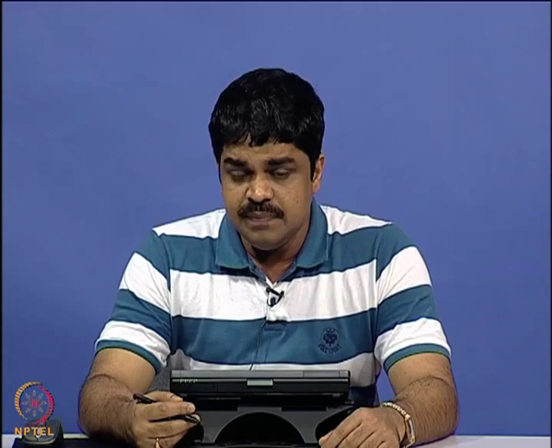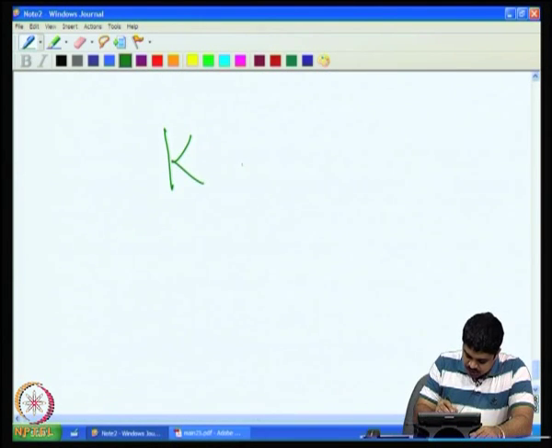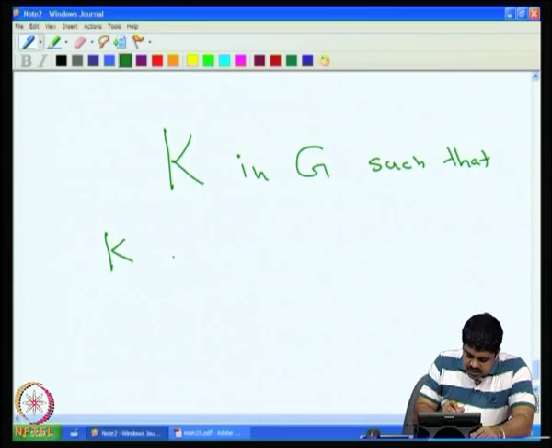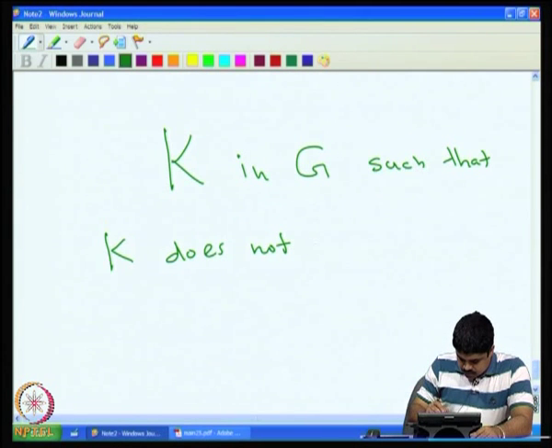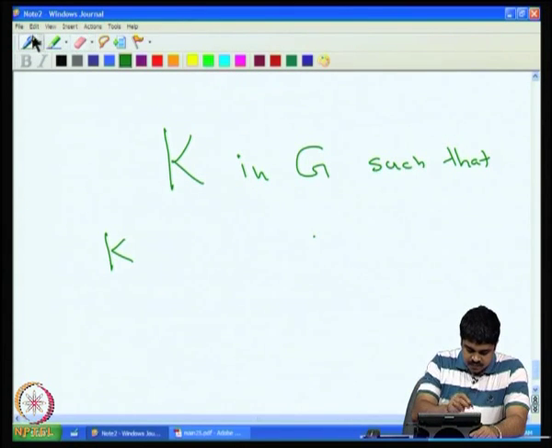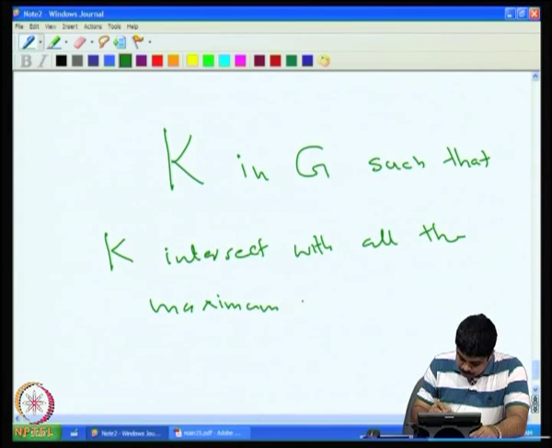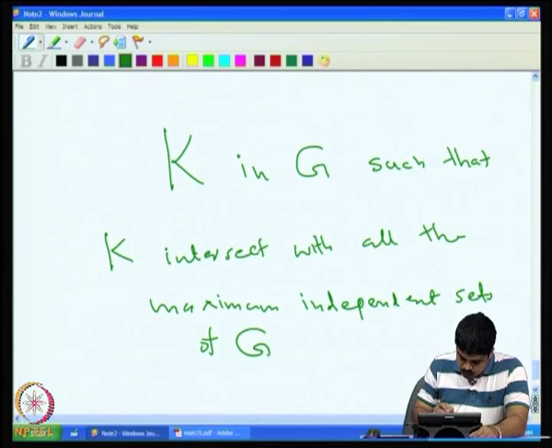Now, the key point to note is that suppose you have one clique K in G such that K intersects with all the maximum independent sets of G. Then what does it mean?